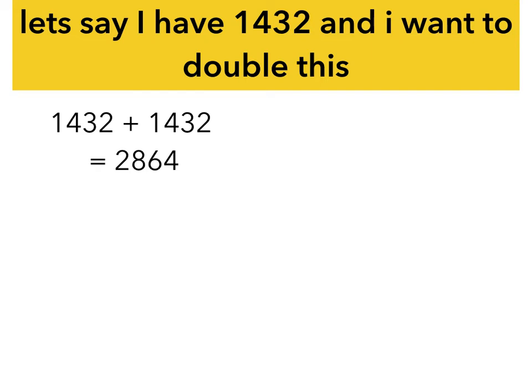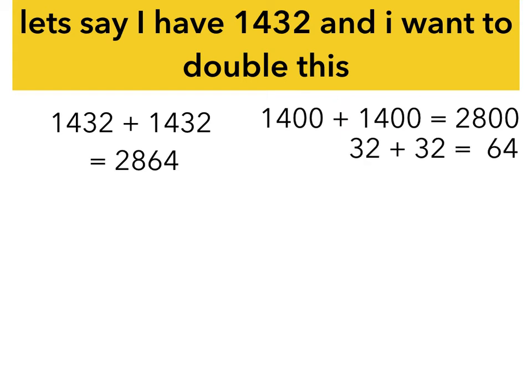Or we can simply split 1432 by splitting off 1400, and adding another 1400, which will give us 2800. The remaining 32 which we have split off, we do 32 plus 32, which will give us 64. Now the total of both numbers put together is 2864.